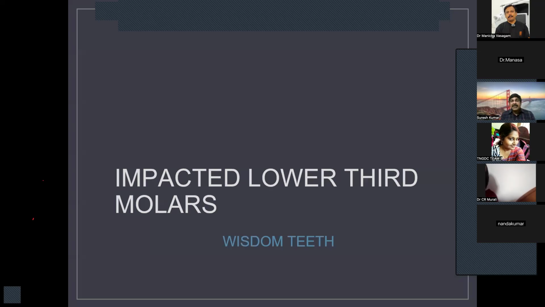The time of getting a degree or wisdom and the eruption of the lower third molar occur at the same time. That is why they are called wisdom teeth. Otherwise, it does not have any role to do with wisdom. Sometimes I see patients asking me, if I get my wisdom tooth removed, will my wisdom also go? It's quite common, I hear this question from patients. It looks funny, but it is seriously asked by some patients. So a wisdom tooth is called a wisdom tooth because of the age of eruption.